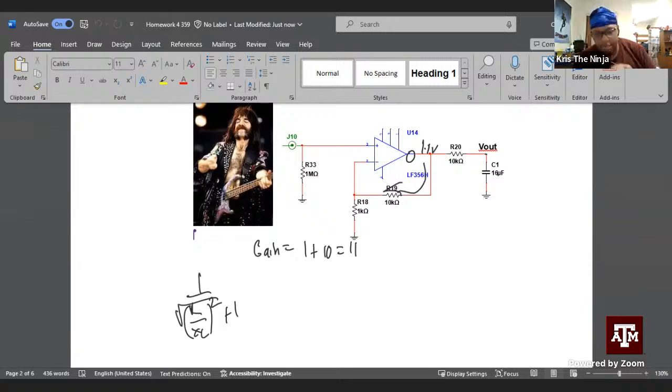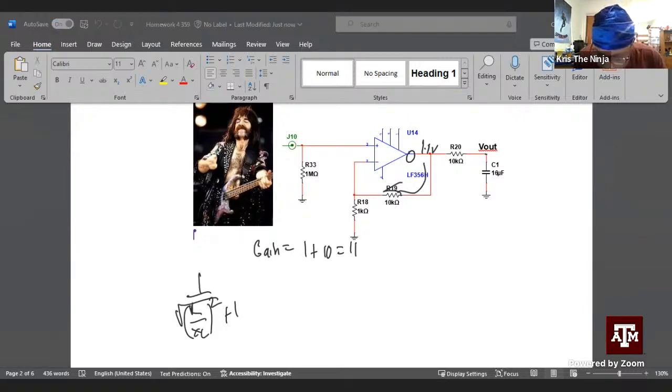So we have 10 kilo ohms at 146.83 hertz, with a 16 microfarad capacitor. 16 e to the negative 6 times 2 pi, 1 over that, is 67.74 ohms.